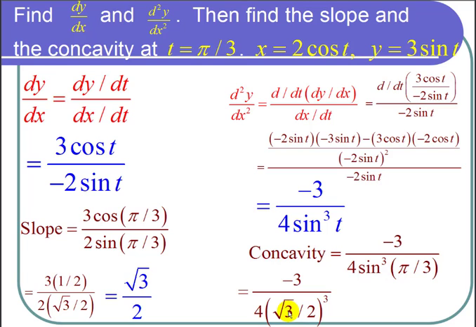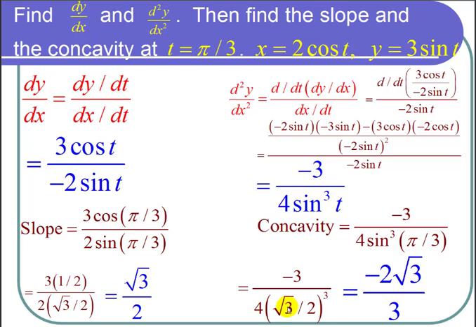And root 3 cubed is 3 root 3, and 2 cubed is 8. 4 over 8 is 1/2, so the 1/2 becomes a 2 on the top. And the negative 3 and the 9 cancel, and what I'm left with is just negative 2 times root 3 over 3. And I'm done with the problem.